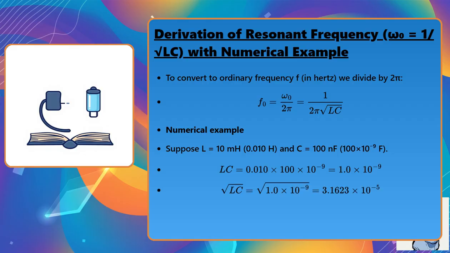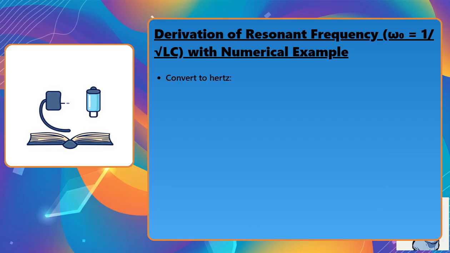Square root of LC equals square root of 1.0 times 10 to the minus 9, equals 3.1623 times 10 to the minus 5. Omega naught equals 1 over 3.1623 times 10 to the minus 5, approximately 31,622 radians per second. Convert to hertz as f naught equals 31,622 divided by 2 pi, approximately 5,032 hertz.